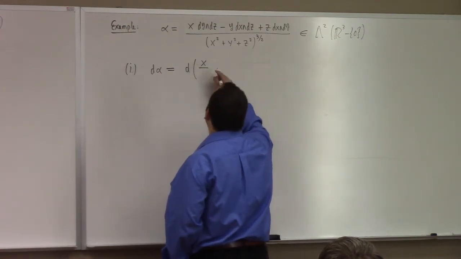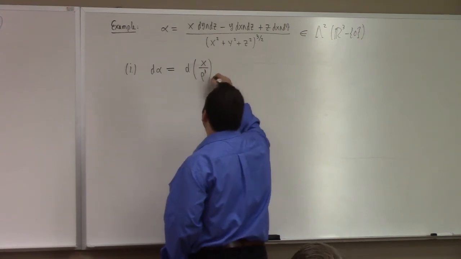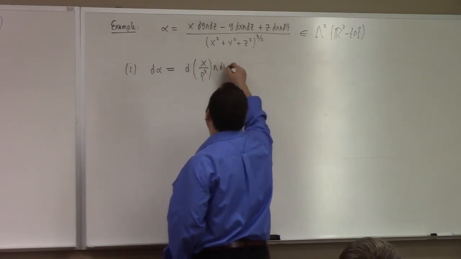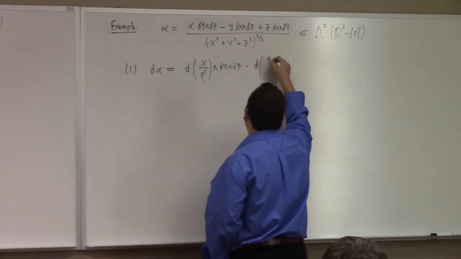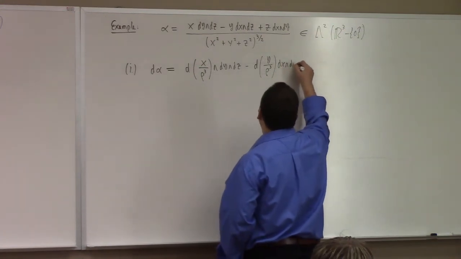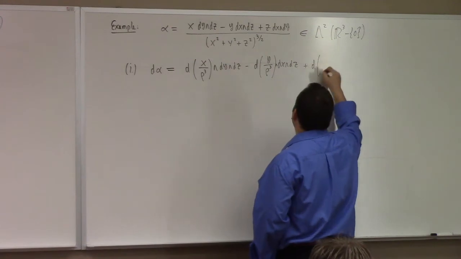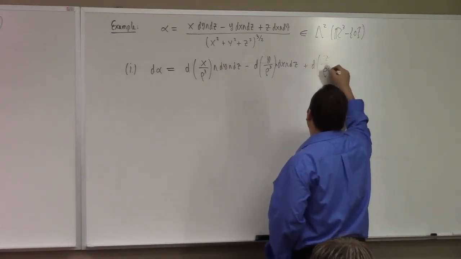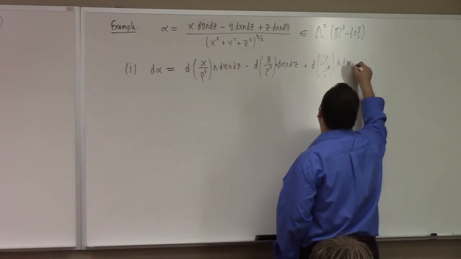Let's call that thing rho cubed, wedge dy wedge dz, minus the differential of y over rho cubed dx wedge dz, plus the differential of z over rho cubed wedge dx wedge dy.